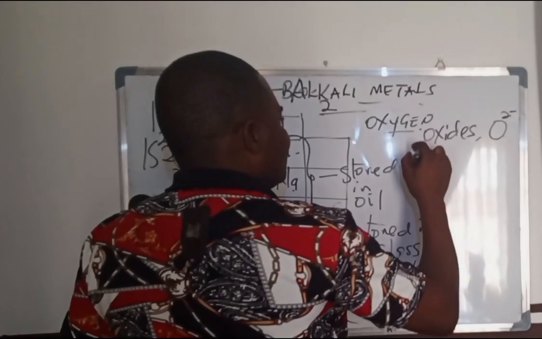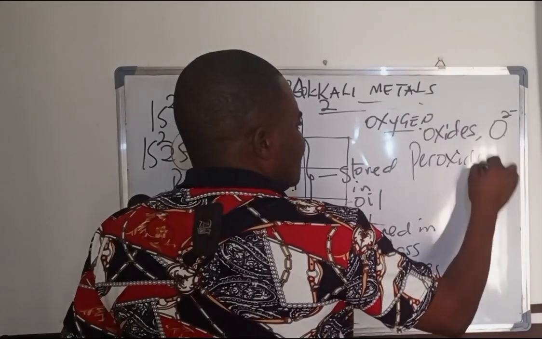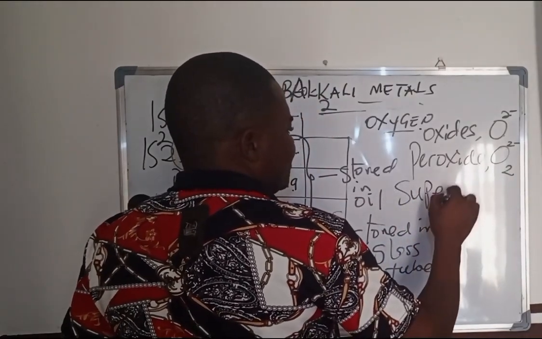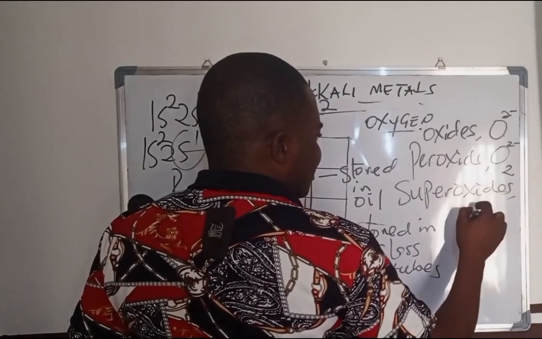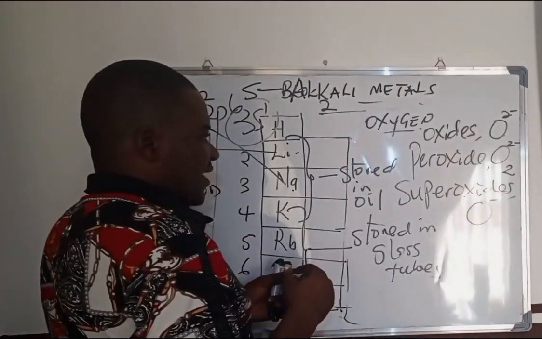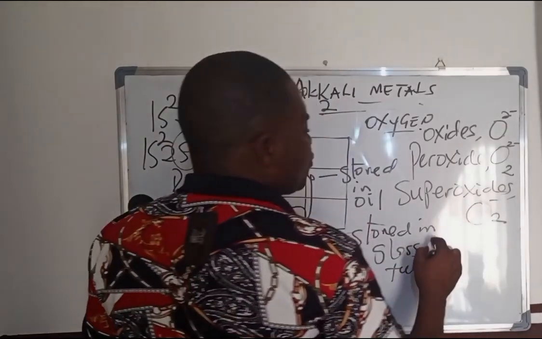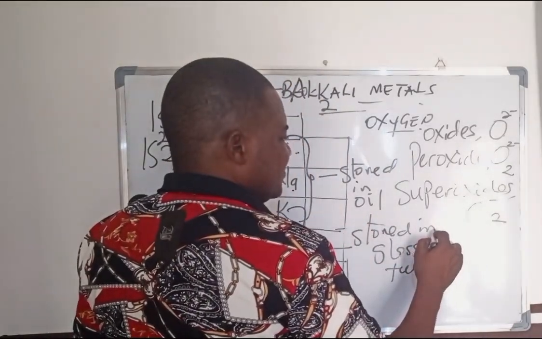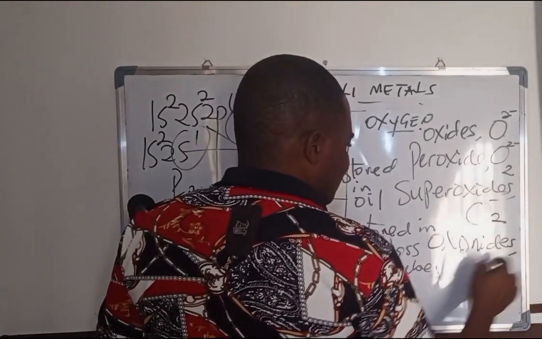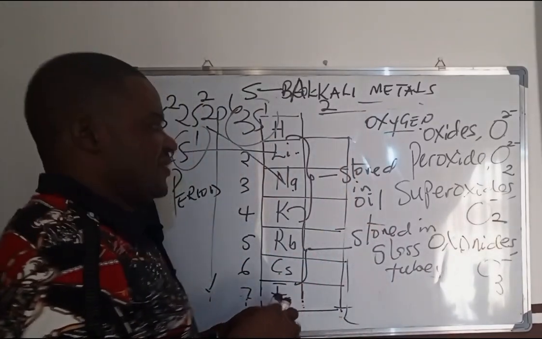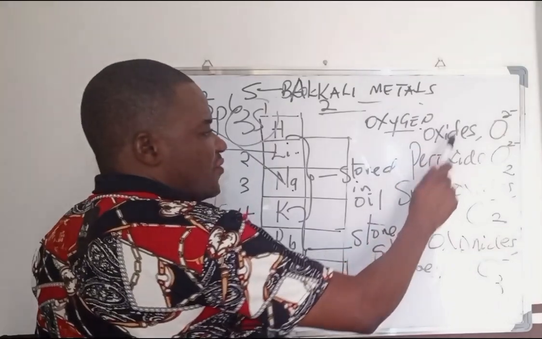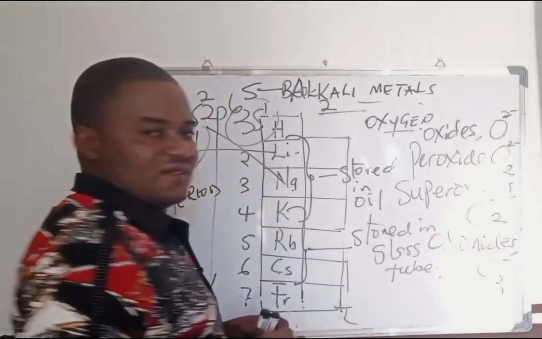They also form peroxides, superoxides, and ozonides. So you see that these alkali metals always form oxides, peroxides, superoxides, and ozonides.